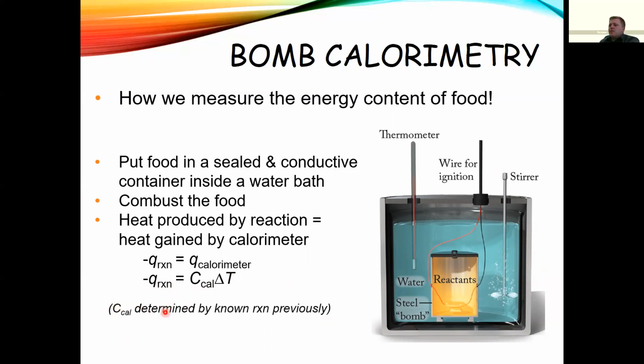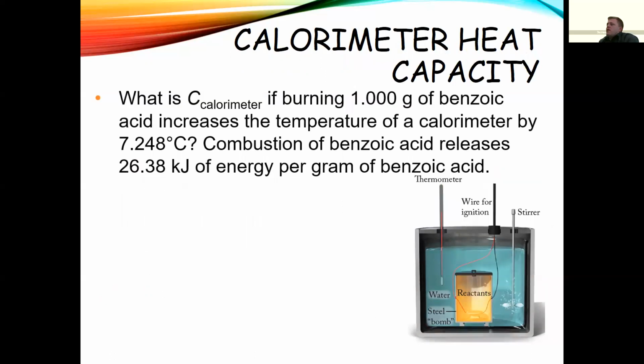So the first thing we have to do though is figure out what the heat capacity of our calorimeter is. So the way we do that is just like this. We burn some amount of some substance with a known heat of combustion in our calorimeter and watch how much the temperature changes.